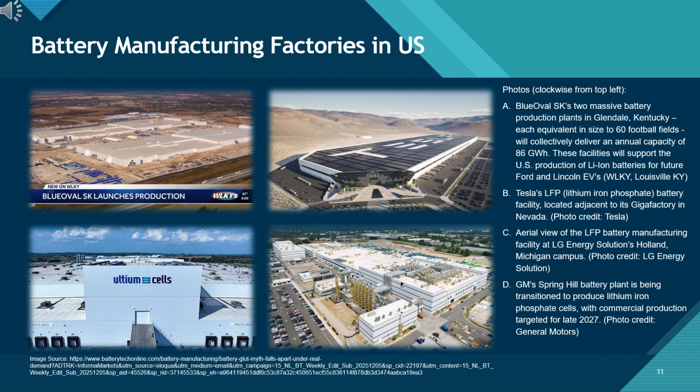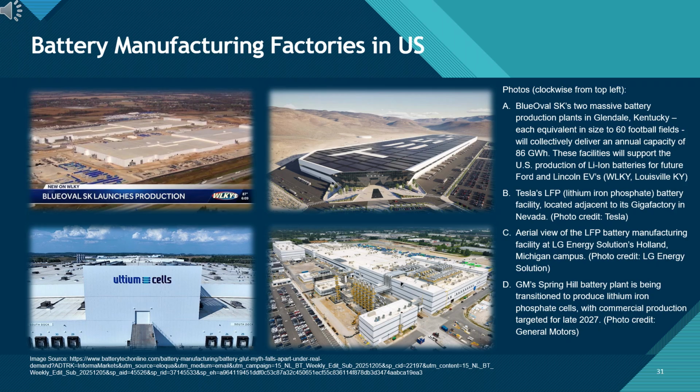Top left, this is the Blue Oval SK site in Kentucky. To give you an idea of the scale, this single facility is roughly the size of 60 football fields. Top right, you likely recognize the Tesla Gigafactory in Nevada, which pioneered this large-scale approach. Bottom left and right, we see facilities from Ultium Cells, a GM partner, and LG Energy Solution.